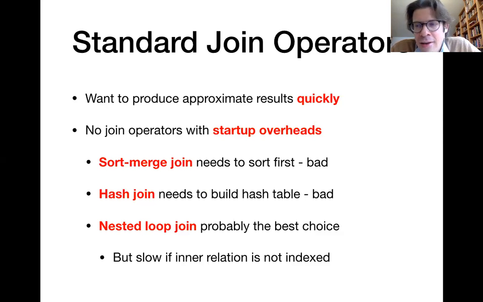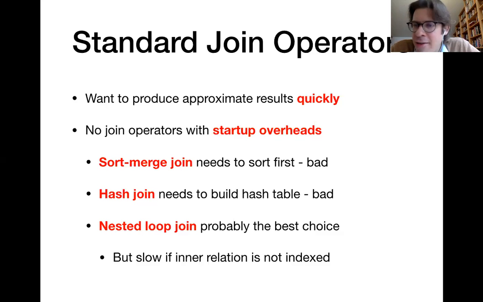While in total it's great, before it can get started, it first needs to build a hash table over one of the input relations, depending on which variant it is. And that also takes some time. There might be exceptions if maybe tables are particularly small, but typically it can take some time. So I probably don't want to use the hash join either.